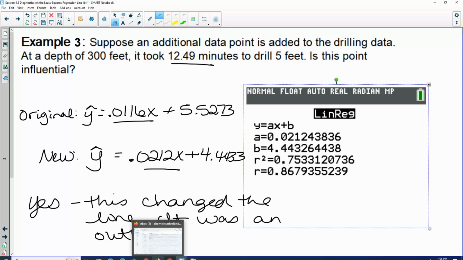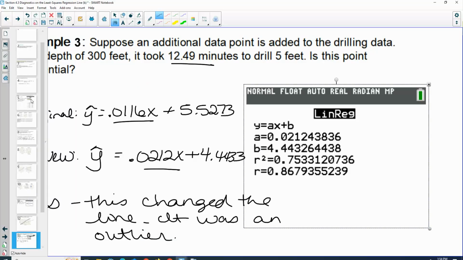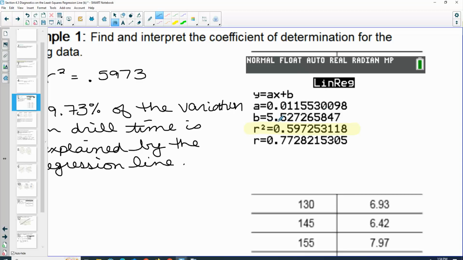Questions here? Where did you get the original one from? I pulled it from my screen when we did the correlation coefficient earlier.